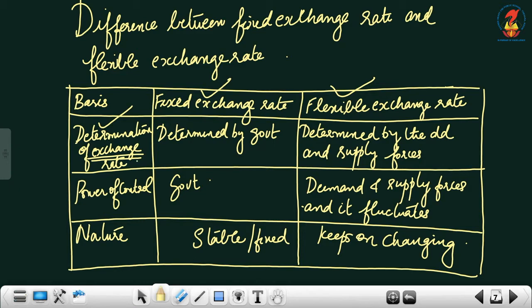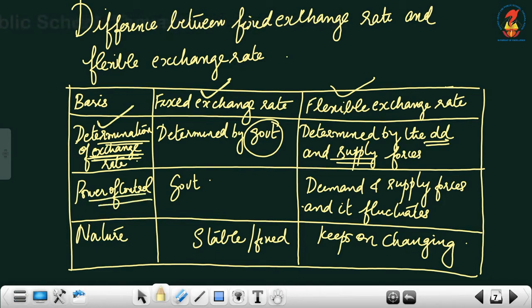Who is determining the exchange rate in the fixed exchange rate system? Definitely it is determined by the government. Now who is determining the exchange rate in a flexible exchange rate system? Demand and supply. So on the basis of determination, we have differentiated both systems.